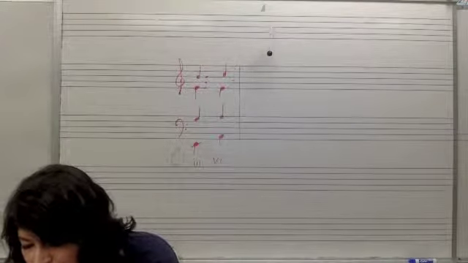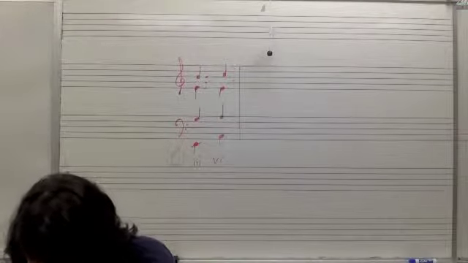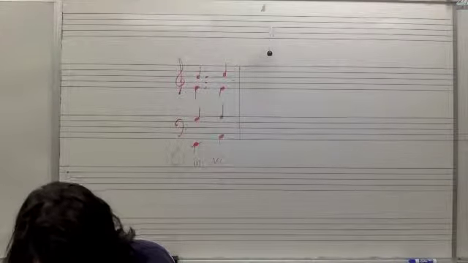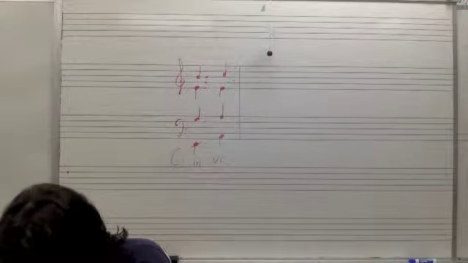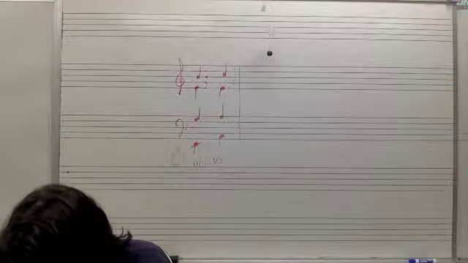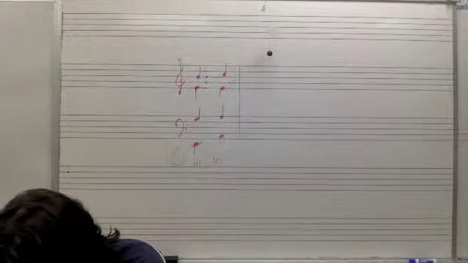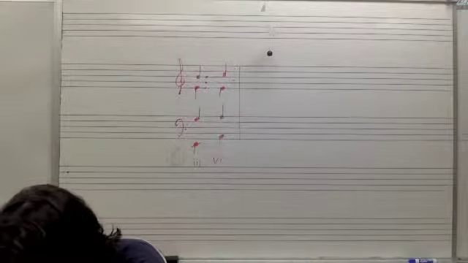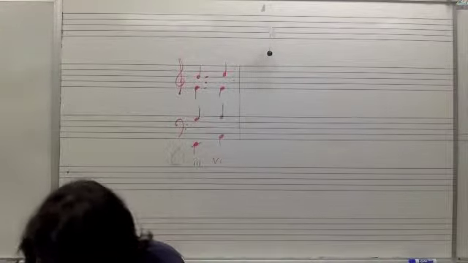And so we've got 3 to 6. These two are both going up to A, and then we stick with E, and we go up to C. So that's the 6 chord.